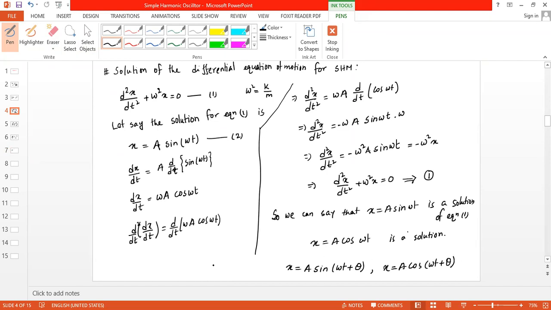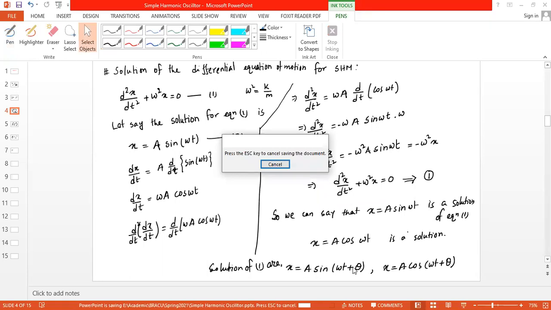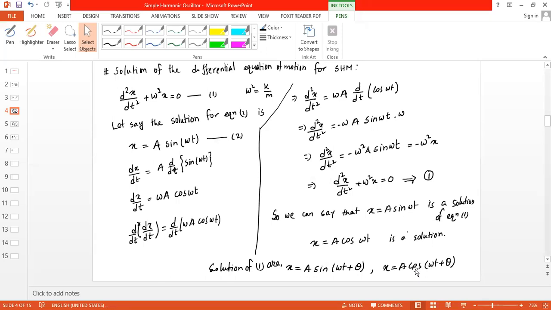These should also be solutions. You can try this at home: a cos omega t, a sin omega t, or a sin omega t plus theta are also solutions of the differential equation for simple harmonic oscillation, so we can write displacement this way. We know that a is the amplitude, omega is the angular frequency, and what is theta, by the way?